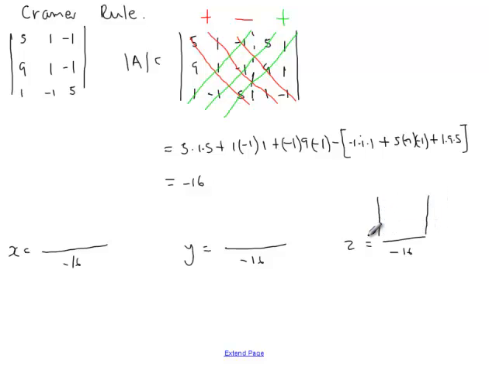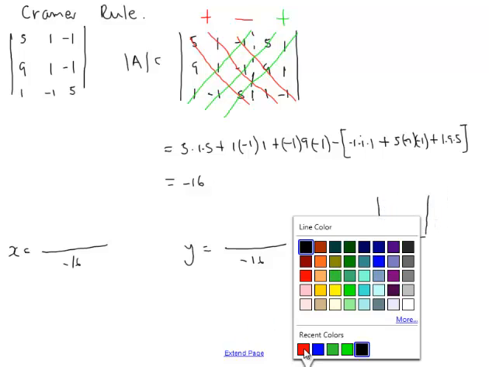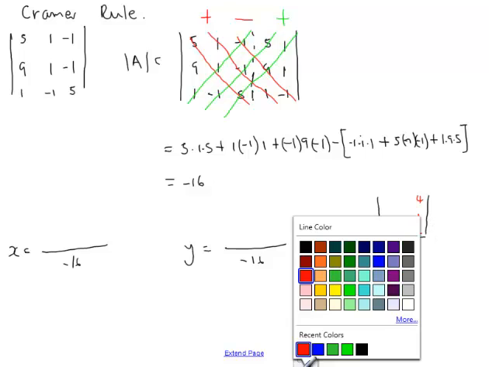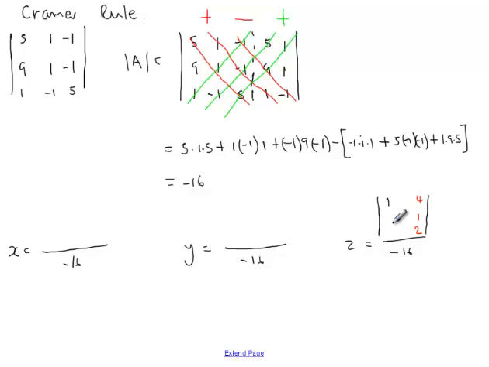Then we put our numerator. It was 4, 1, 2. Then the rest, 1, 5, 9, 1, 1, 1, minus 1.